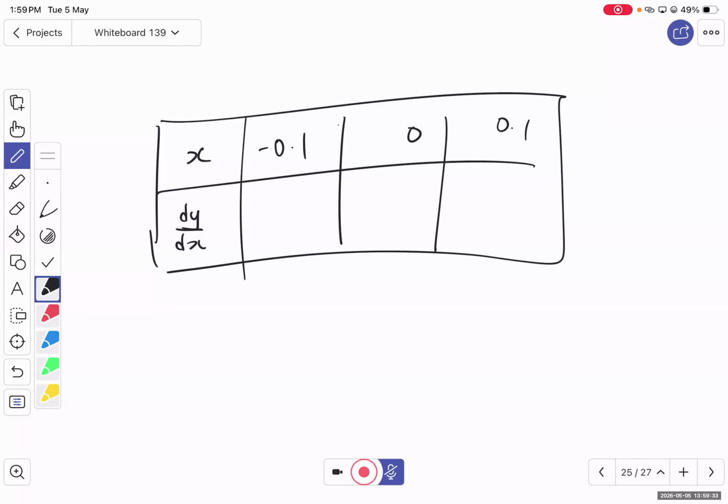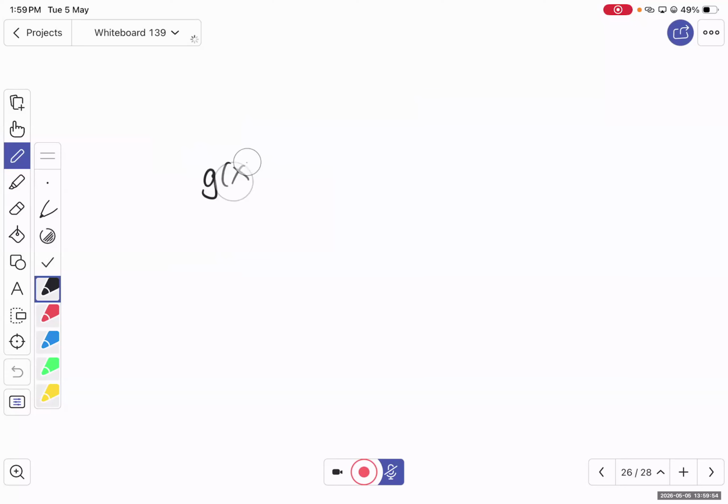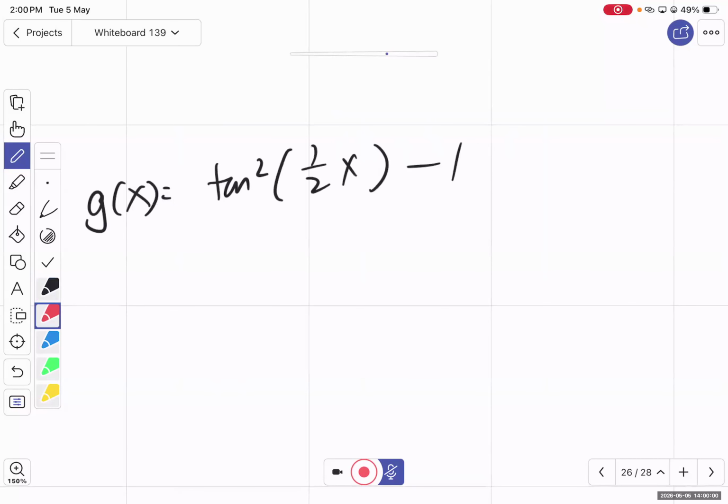Why make life so difficult for yourself? Differentiate. Okay, g of x is tangent square of half x, minus 1. So you differentiate tangent square.